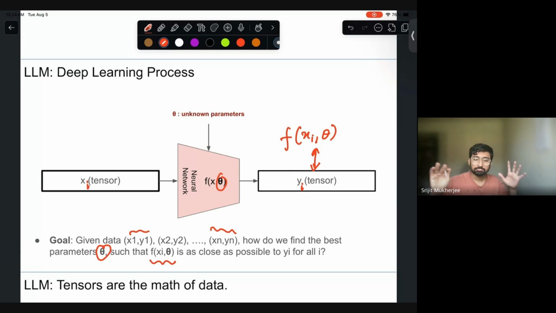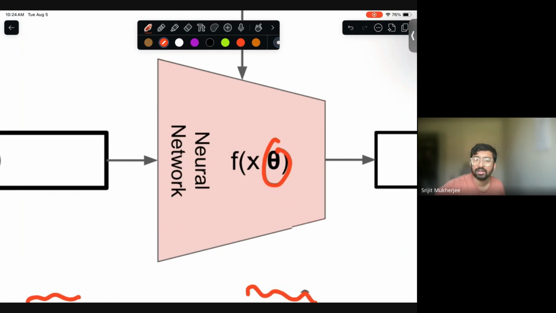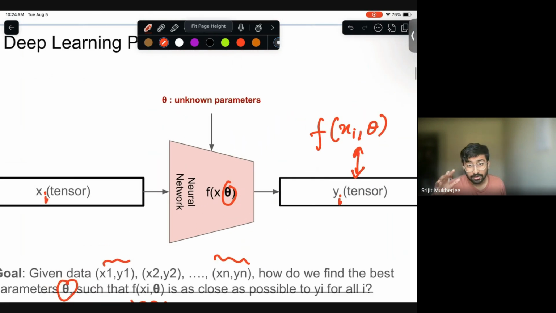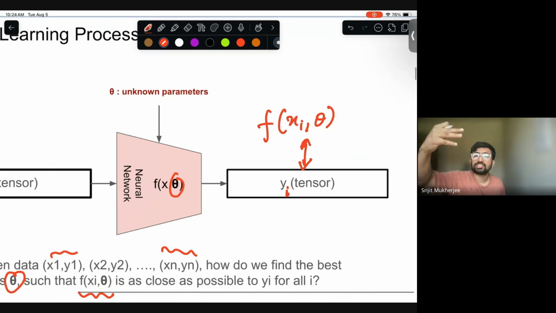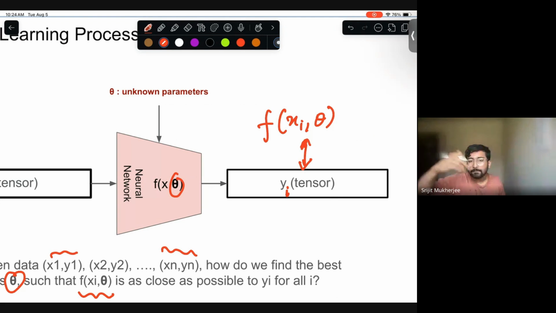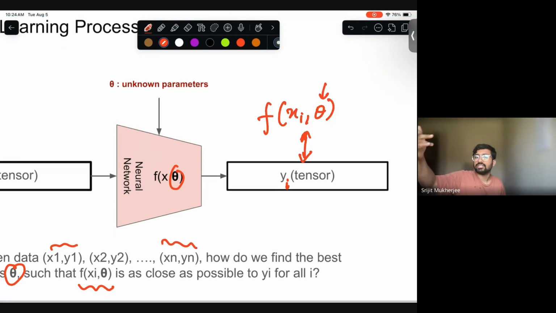Got it, guys? All of you on board with this? You have already learned deep learning a bit, so do you understand this? Given this x1, y1, x2, y2, dot, dot, xn, yn, how do we find the best parameters of this super large neural network that can help you make the prediction f of xi comma theta? As you change theta, this prediction also changes. So which theta is the best so that f of xi comma theta is as close as yi? Are all of you on board?